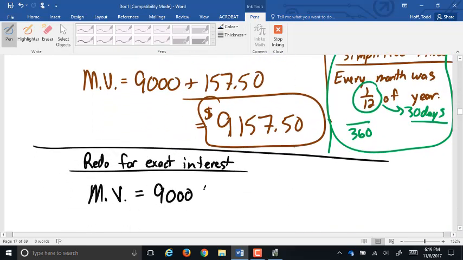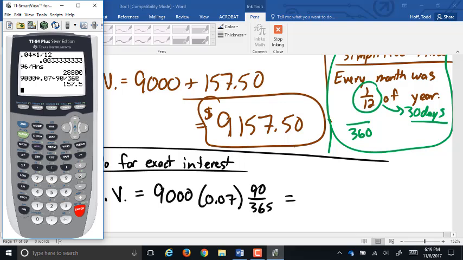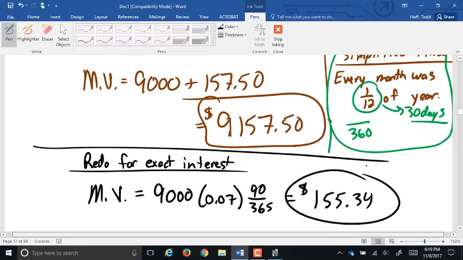So 9,000 times 0.07 times 90 over 365. We punch that in, we get $155.34. Notice they get $2.16 less interest. That's why the bank would stick with ordinary interest, even though the computers will do exact.